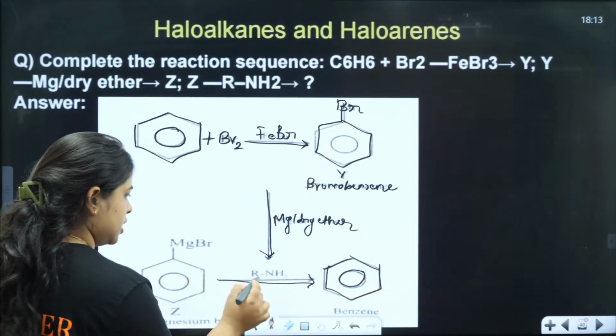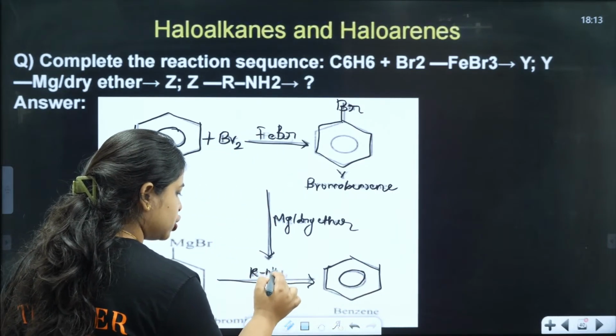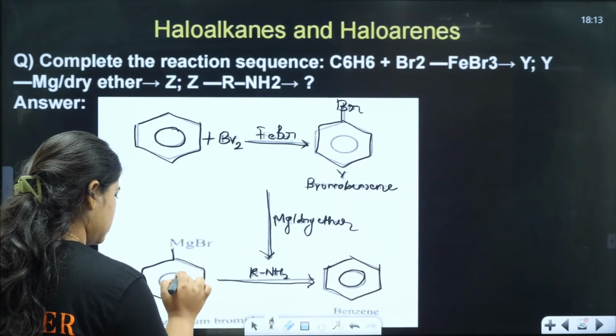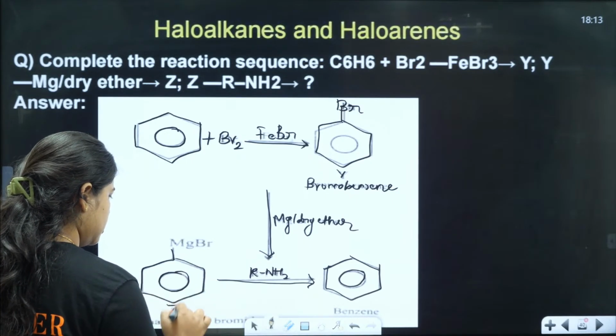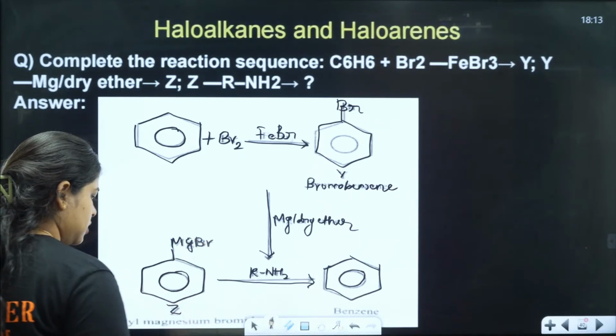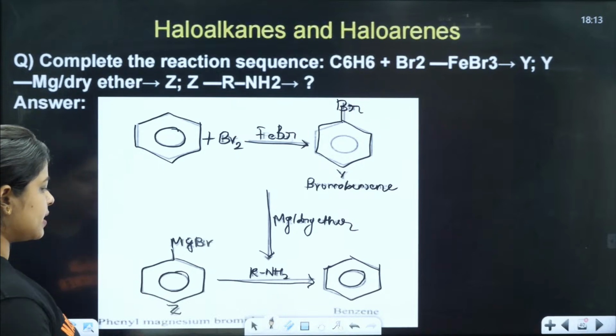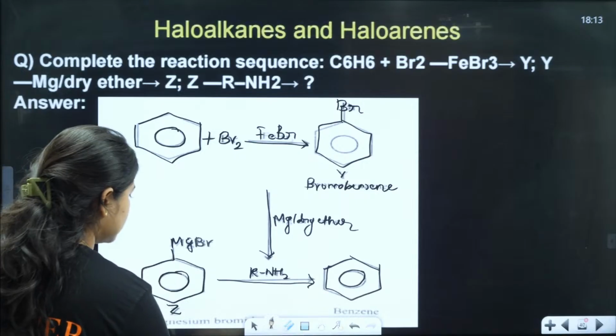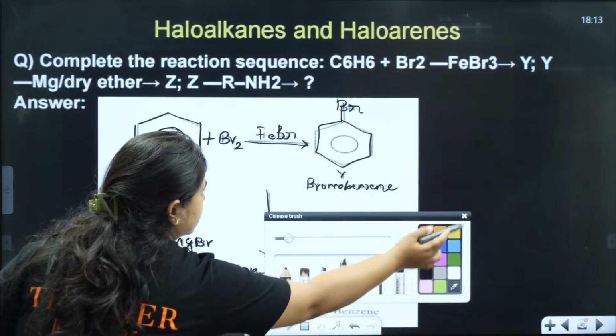Okay, in the presence of RNH2. This is Z, this is MgBr. This will be phenyl magnesium bromide, and that is the benzene. I'll write it in a different color here.